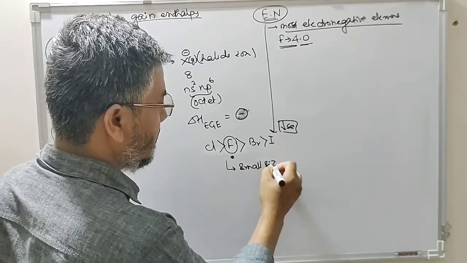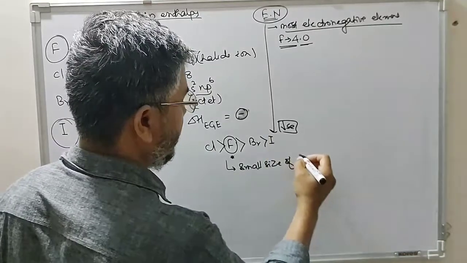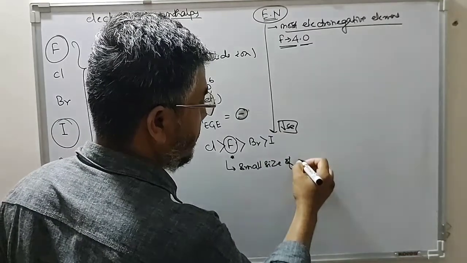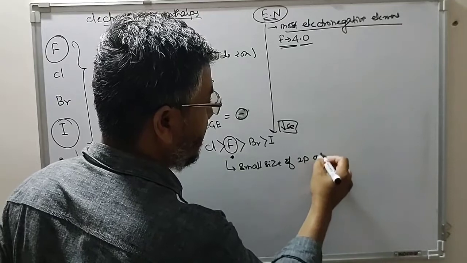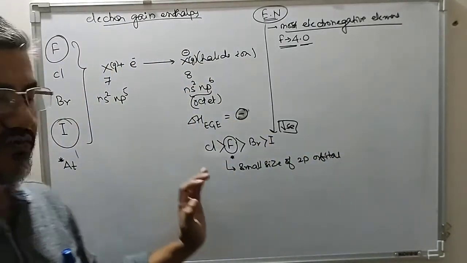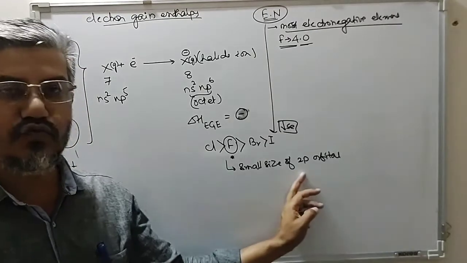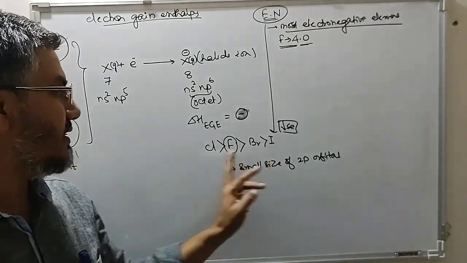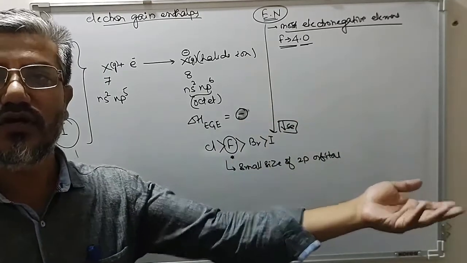the small size of the 2p orbital, because the size of fluorine is less than the size of chlorine, so the size of the 2p orbital of fluorine is less than the size of the 3p orbital of chlorine.